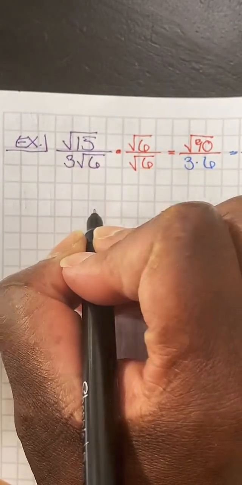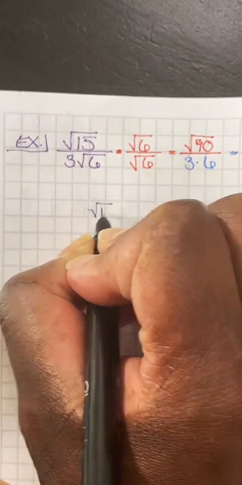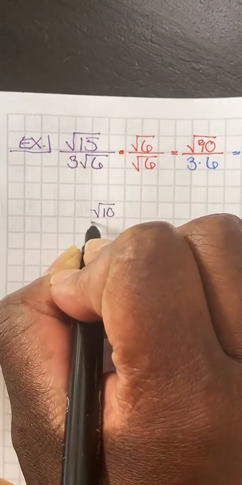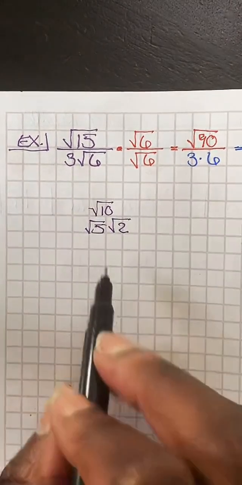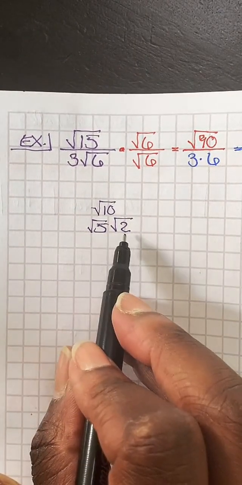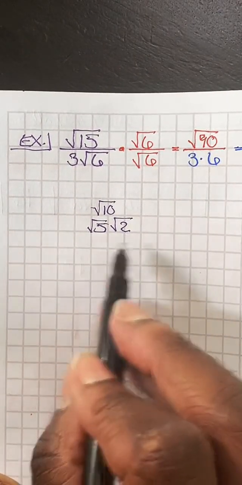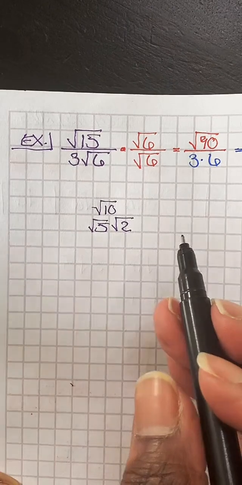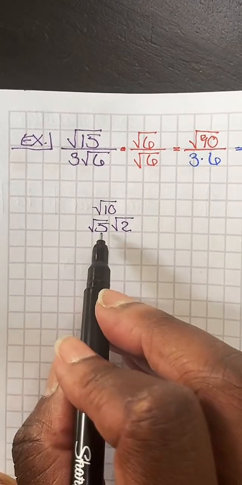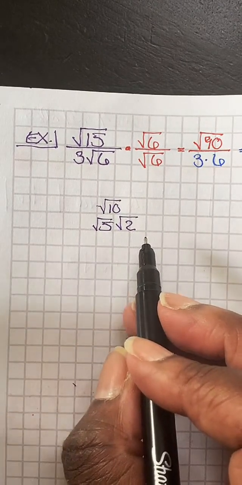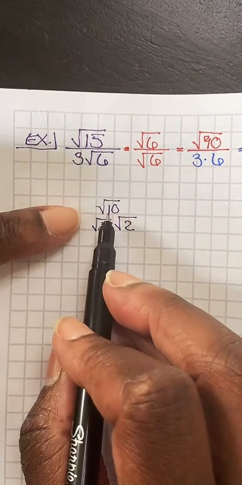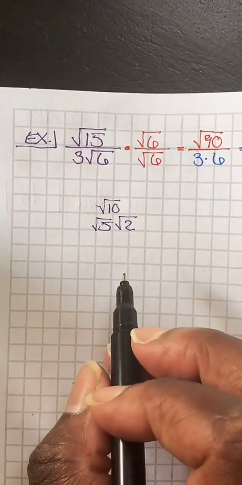That means if I tried to break down the square root of 10, I'm going to get square root of 5 and square root of 2. Both 5 and 2 are prime numbers, so I'm not going to get anything out of it to break down like a perfect square root. So instead of leaving your answers with 2 radicals in there, most math people, we like to clean things up. So we keep it with that square root of 10.